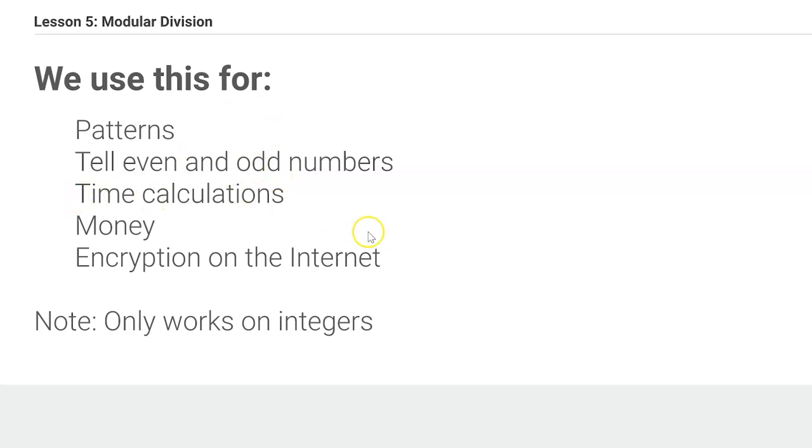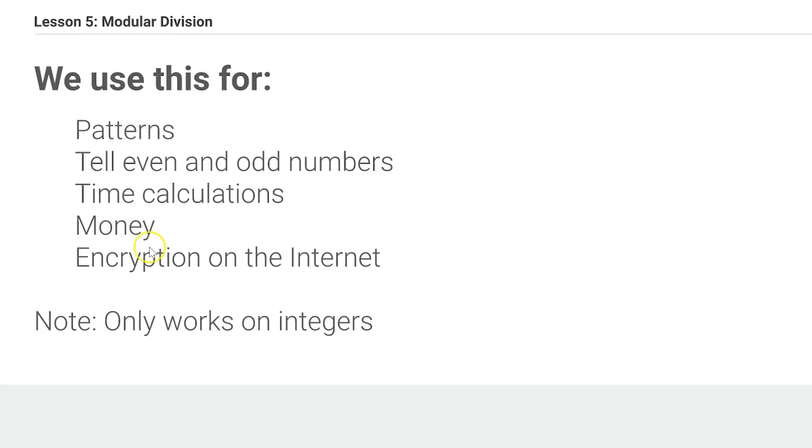Anything that has to do with time calculations, right? If I said it was 1 o'clock right now, what time will it be 60 hours from now? Well, you can use mod 24 or mod 12 to figure out that answer. This is also useful for some problems involving money. So a lot of cash register programs tell you exactly how many quarters, how many dimes, how many nickels, and how many pennies to give back to someone to make their total amount of change.